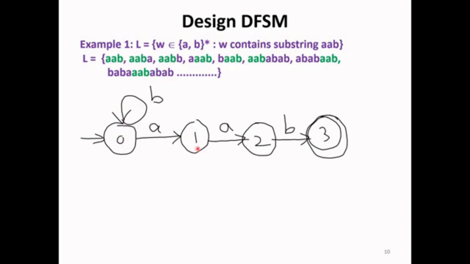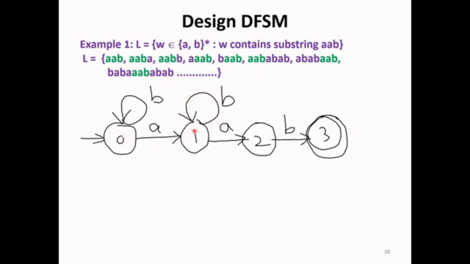Next let us go for state 1. State 1, one compulsory transition on A going to state 2. What about B? Can I take a self loop as I have taken for state 0? Let us check. If I take a self loop, then what happens? I may have AAB if I don't take this loop. What if I take this loop?